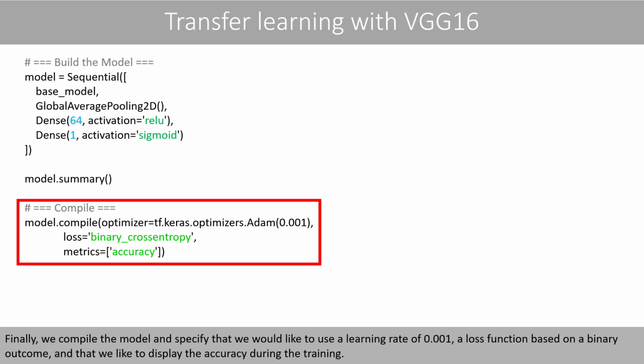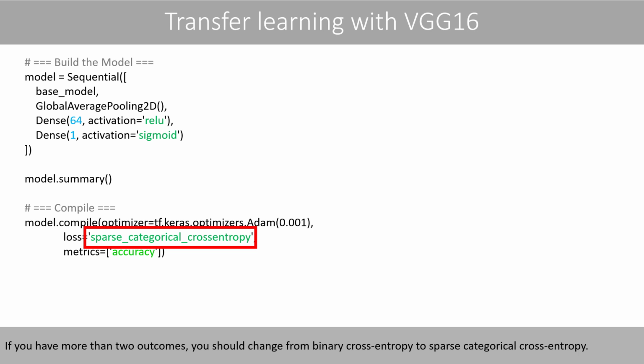Finally, we compile the model and specify that we would like to use a learning rate of 0.001, a loss function based on a binary outcome, and that we like to display the accuracy during the training. If you have more than 2 outcomes, you should change from binary cross-entropy to sparse categorical cross-entropy.